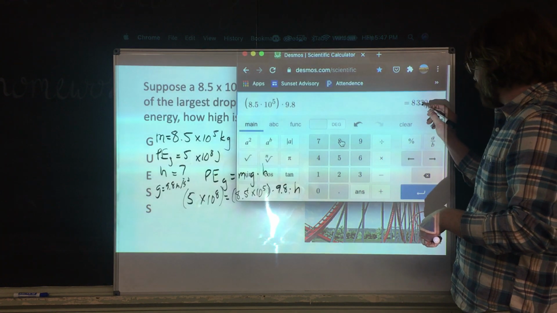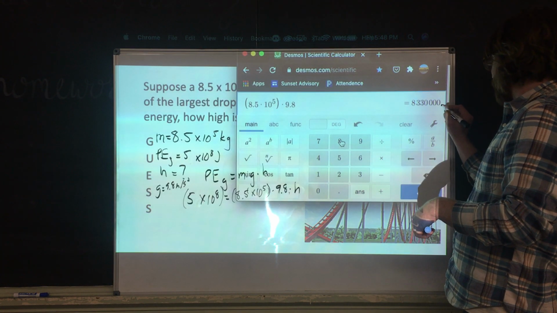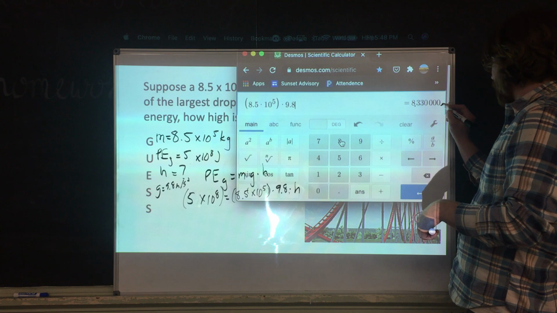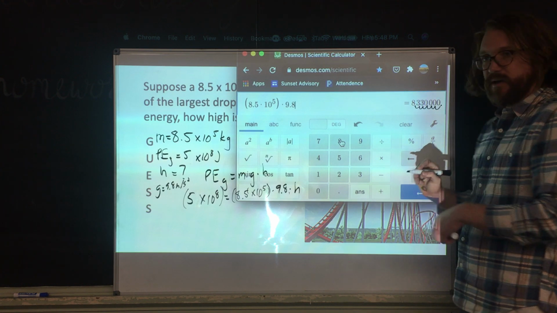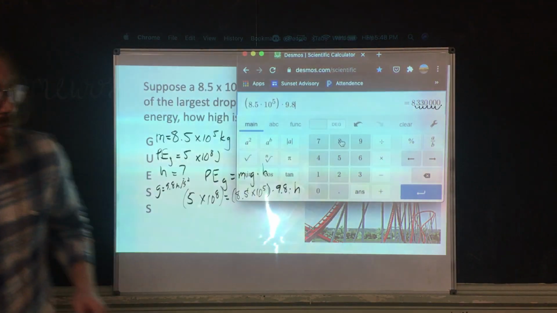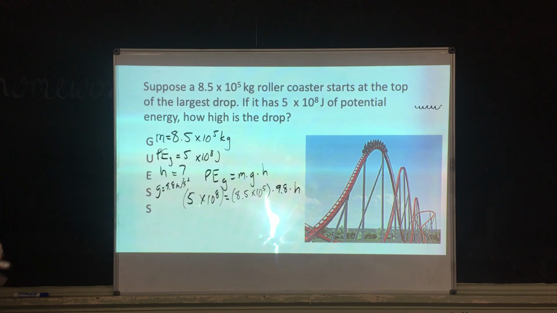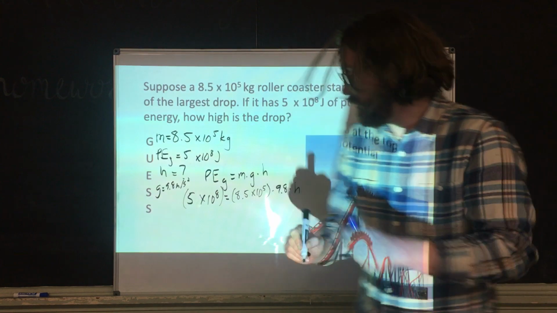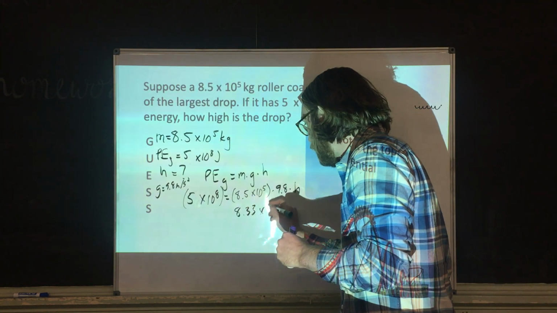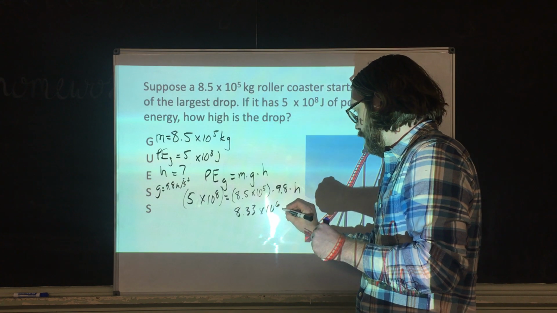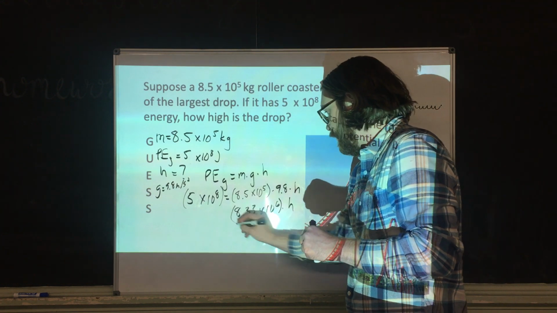And this gives us 8,330,000. Now, we can put this into exponents. We want to move the decimal here, so we move the decimal 1, 2, 3, 4, 5, 6 times. What does that mean? That means that this number right here just became 8.33 times 10 to the 6. We're multiplying that by the height.